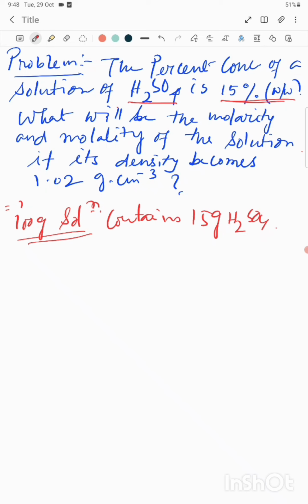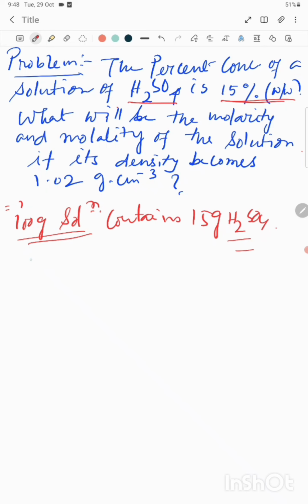That means total solution is 100 gram. Out of 100 gram, 15 gram is solute, that is H2SO4. So what is the amount of solvent? That is the first question.